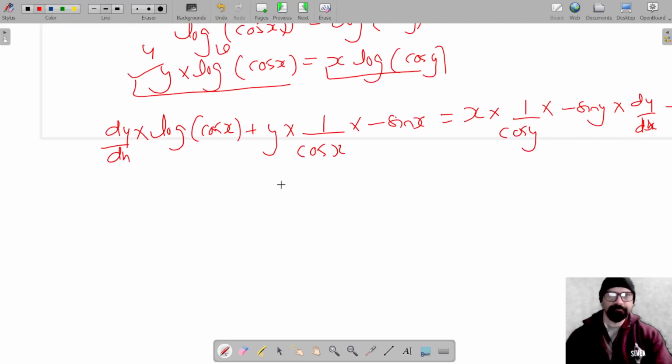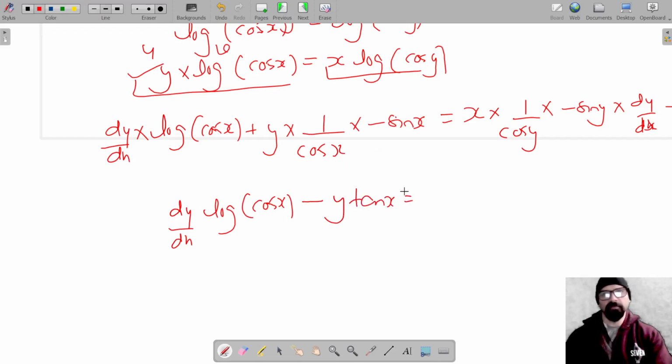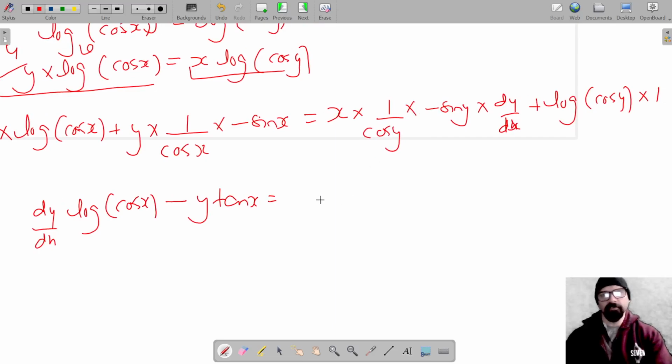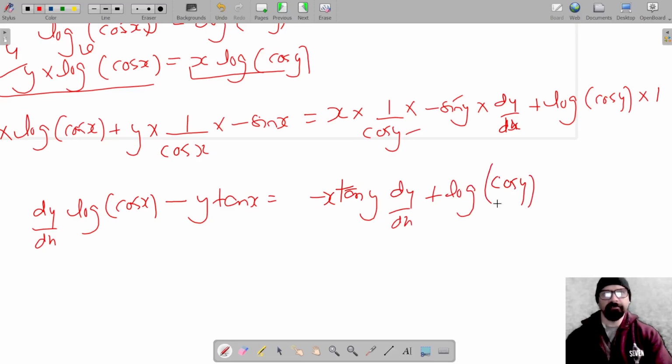So now I can write it as dy by dx into log of cos x, negative y, and sine by cos is tan x. Then x, negative x into tan y into dy by dx, plus log of cos y.